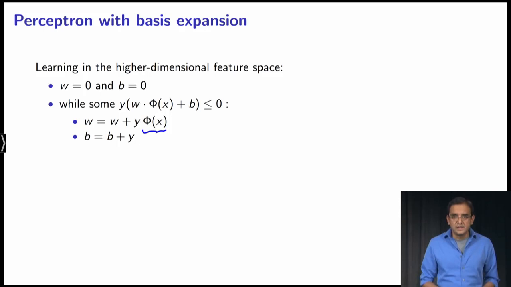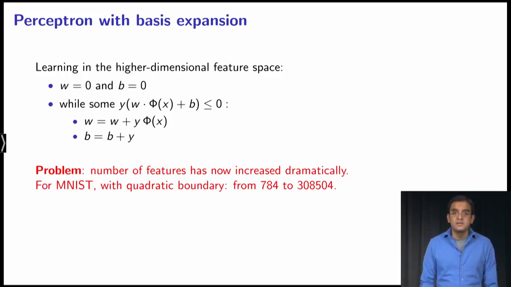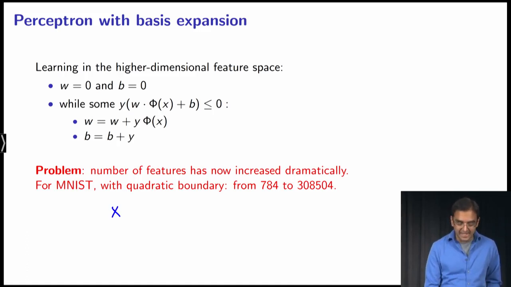So this is all well and good, but there is one fairly significant problem. And that is that these expanded feature vectors can be very high dimensional. So let's look at the situation of MNIST, for example, the MNIST dataset of handwritten digits. There, the original dimension, the dimension of the data points x, is 784. What is the dimension of phi of x?